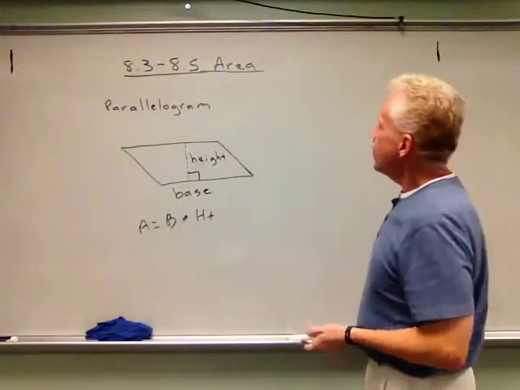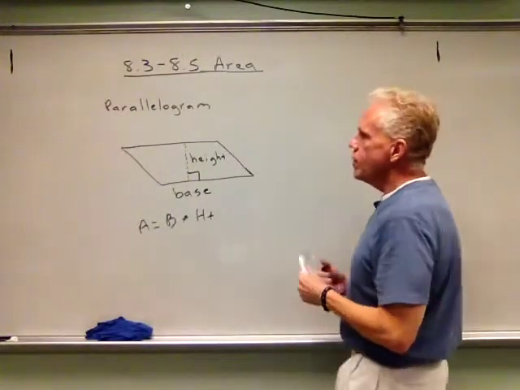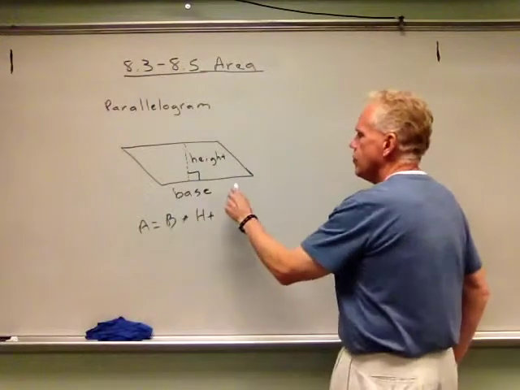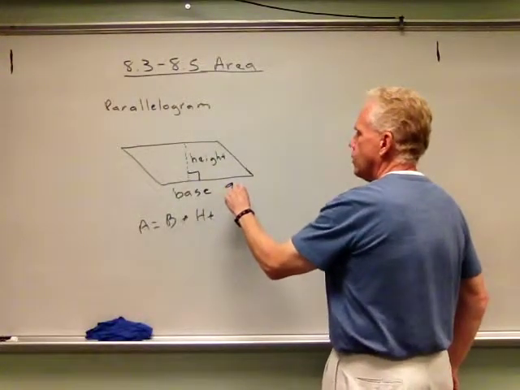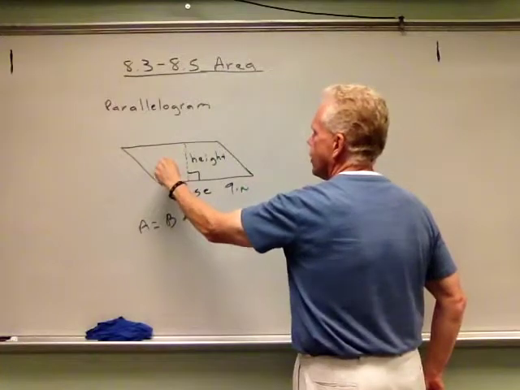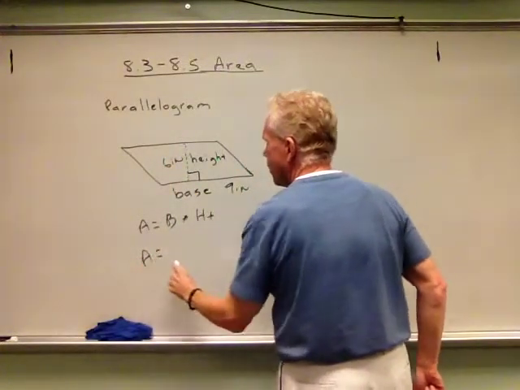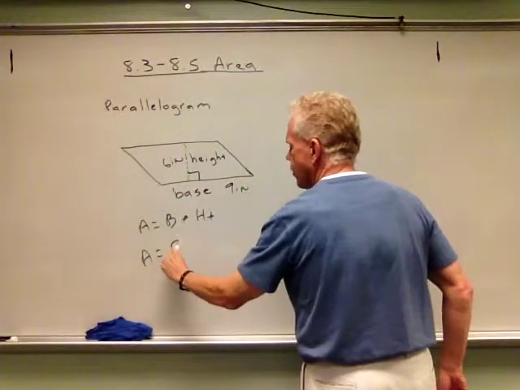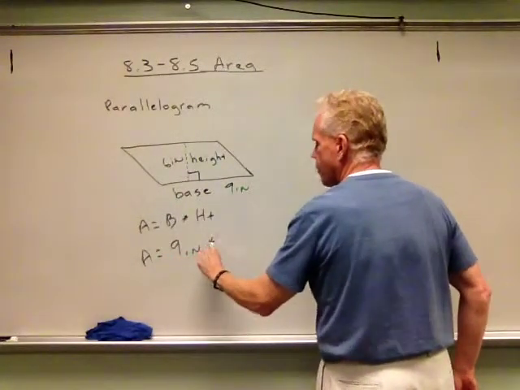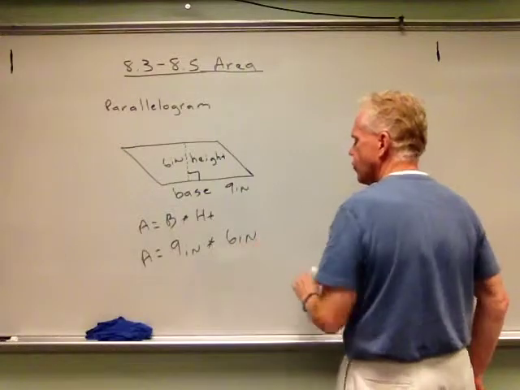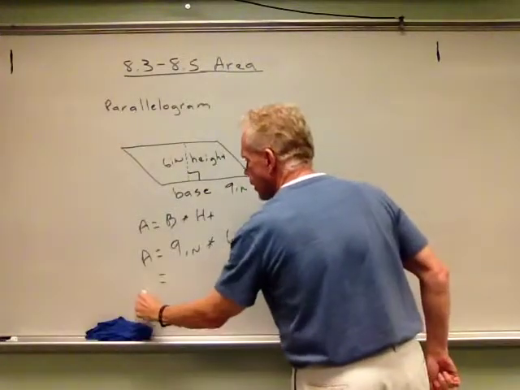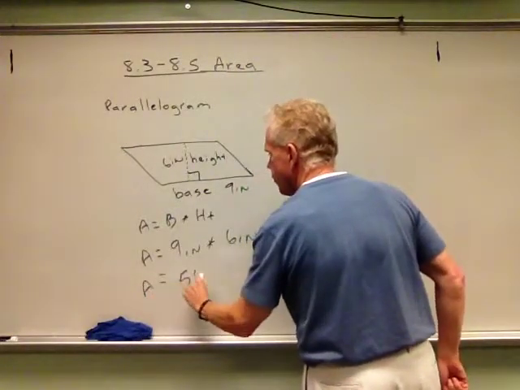All right, so let's suppose on our parallelogram we have a base of 9 inches and a height of 6 inches. So the area of this parallelogram is going to be its base, 9 inches, times its height of 6 inches. Okay? And so what we're going to get here is an area of 54.